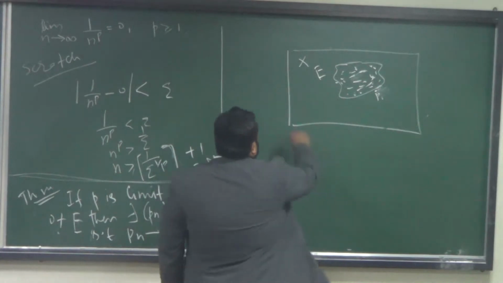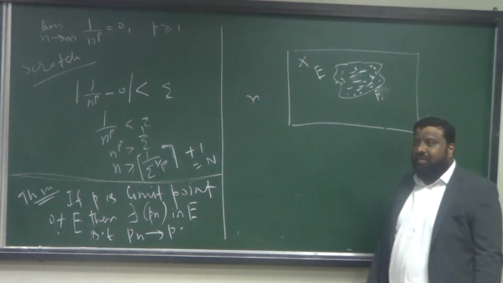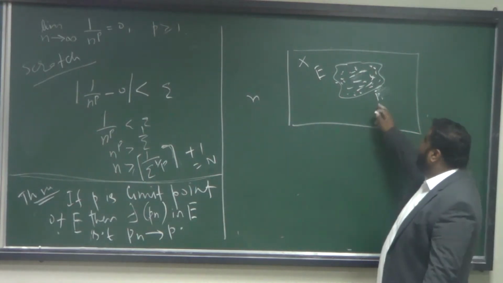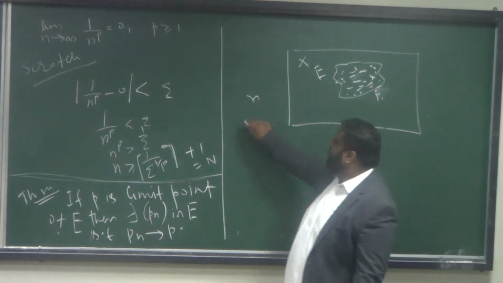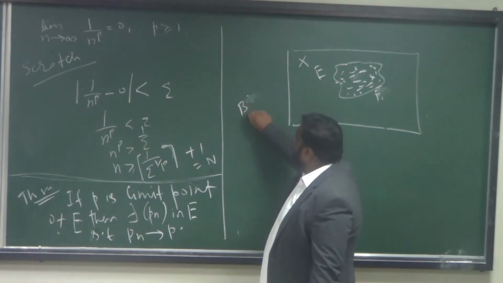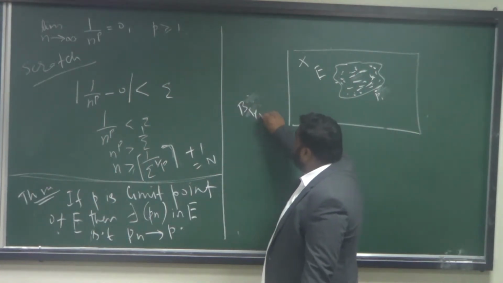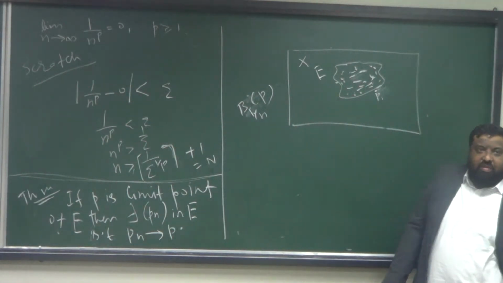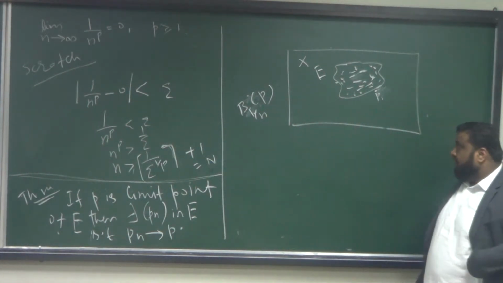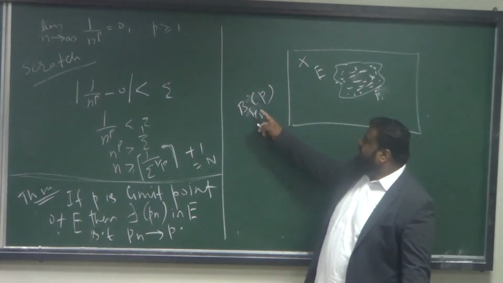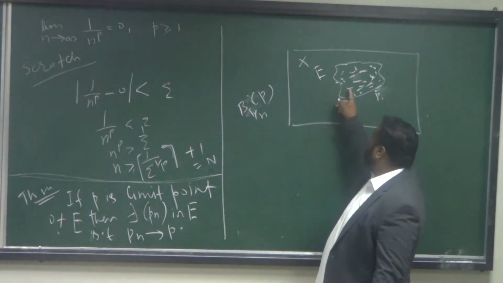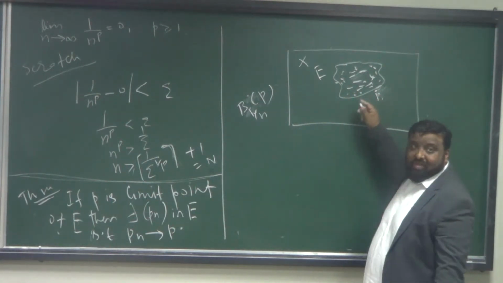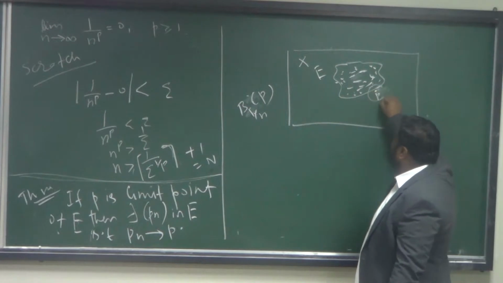Just think about it. For every n, I can draw a ball of radius 1 over n, for example. So I'm drawing a ball of radius 1 over n on P. What is going to be one property? Since P is a limit point, what should be the relationship between this ball and the set? This should intersect.